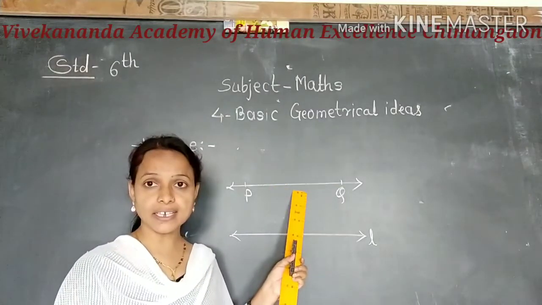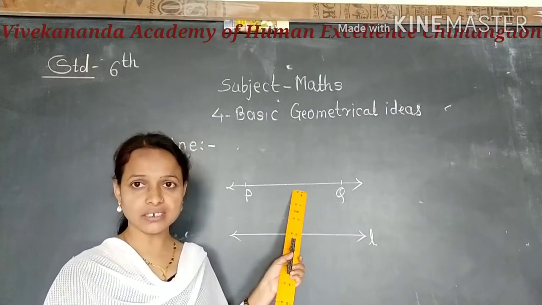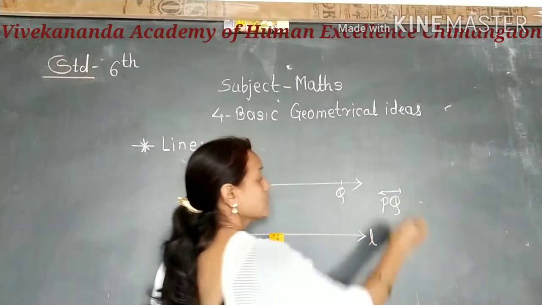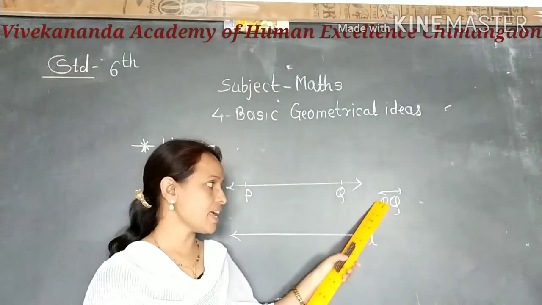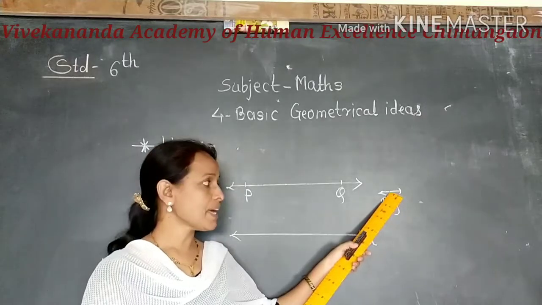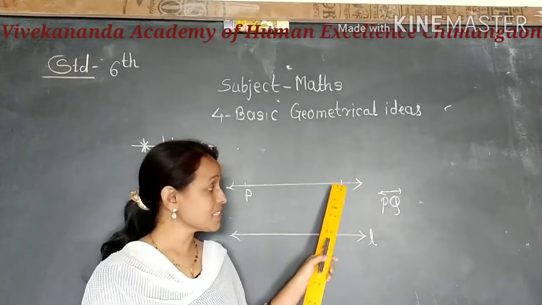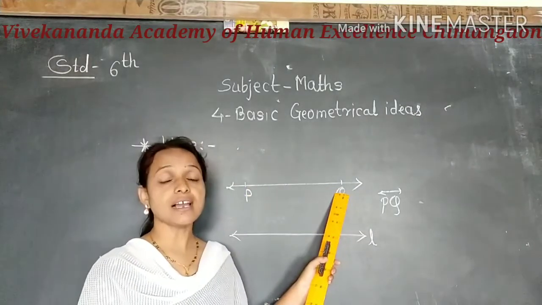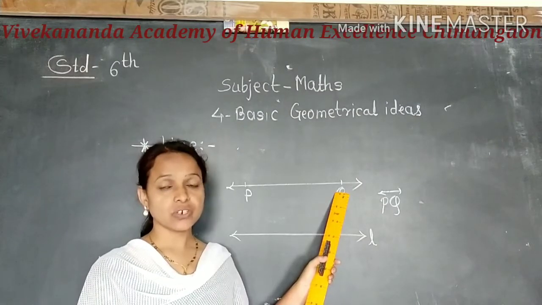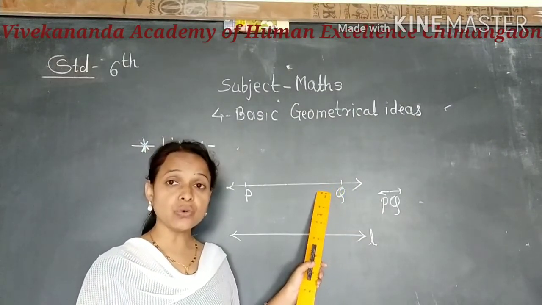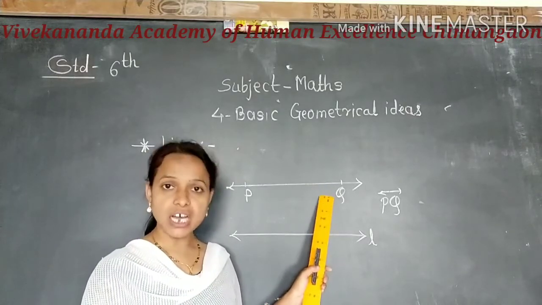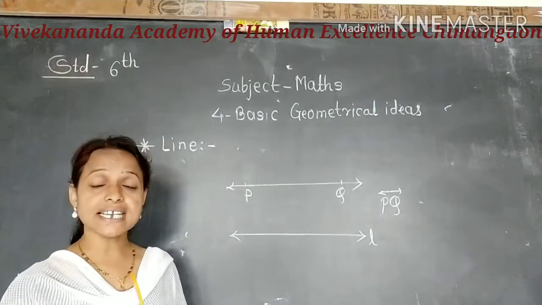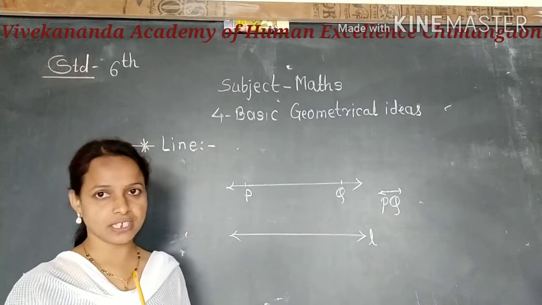This is the figure of line PQ, and just now we learned a line is denoted as PQ by using the symbol. We can write it as line PQ by using the symbol. In this figure, to denote the line we use 2 English capital letters. Also we can denote a line by using an English small letter from a to z.